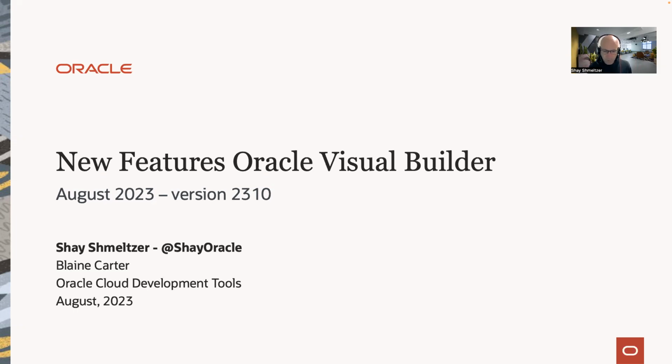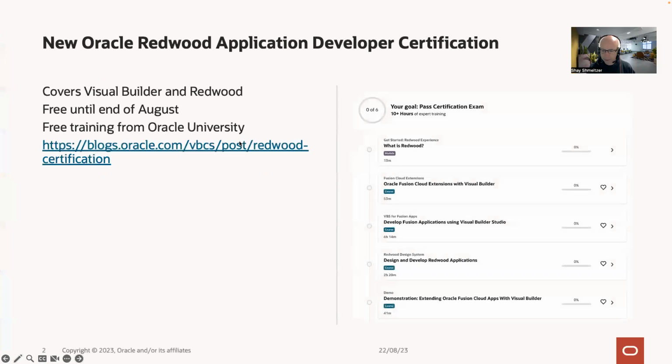Before we talk about what's new in 23.10, I wanted to point out two things that you can take part in. The first thing is a new certification that you can get from Oracle University. It's called the Oracle Redwood Application Developer Certification, and that's a nice thing to add to your CV, to your resume, if you're dealing with Visual Builder, if you're dealing with extending Oracle Fusion apps.